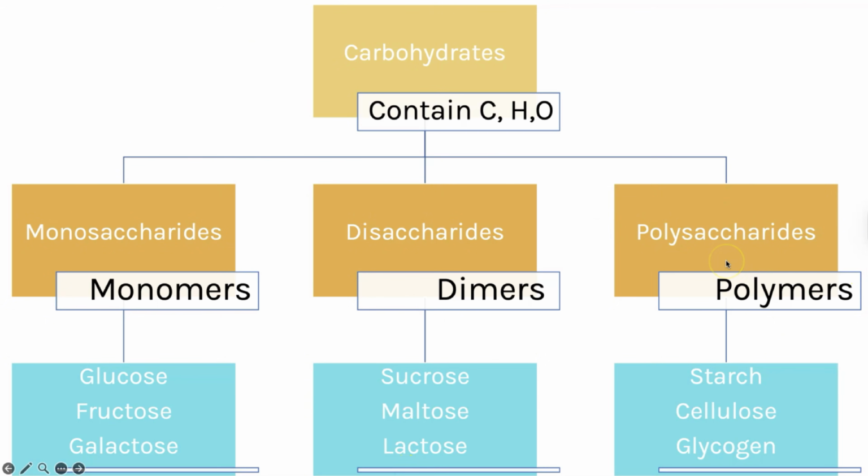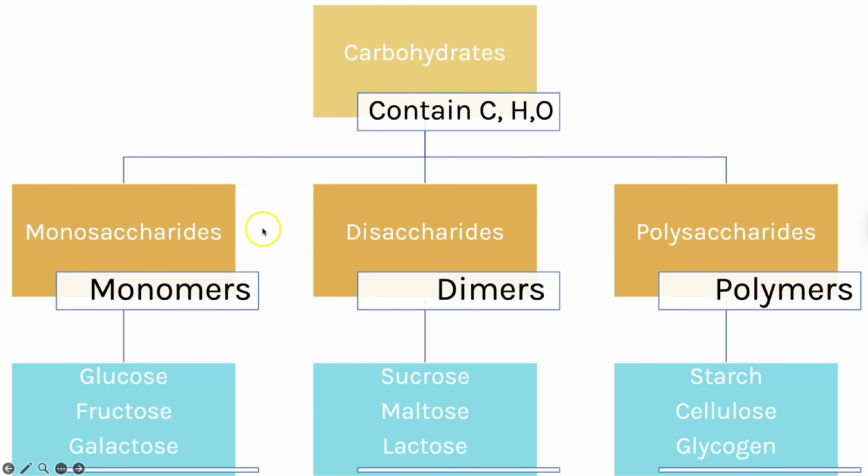And then the polysaccharides, these are made up of multiple monosaccharides bonded together, and you need to know about starch, cellulose and glycogen. Looking at the prefixes here, we've got mono, that means one, di means two, poly means many. So bear that in mind for all of these. Monosaccharides are one sugar unit, disaccharides are two, poly means multiple joined together.